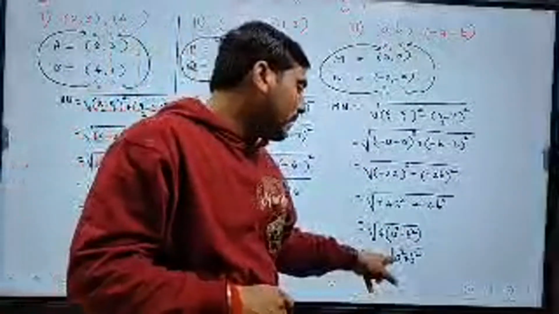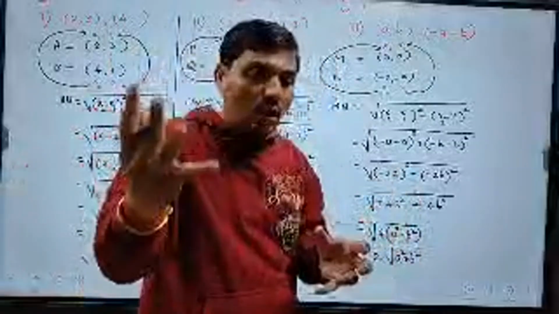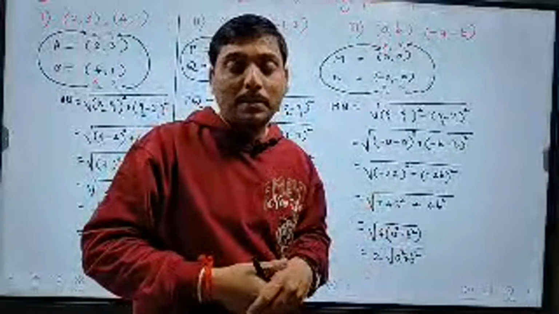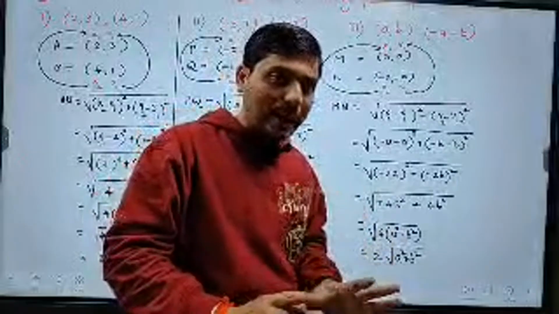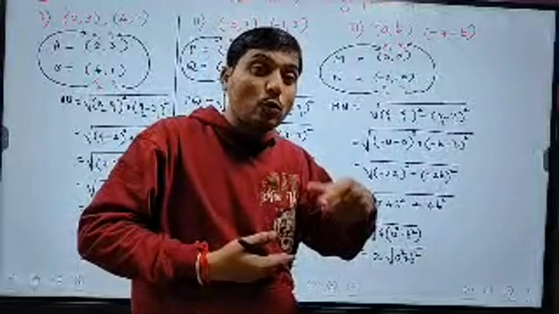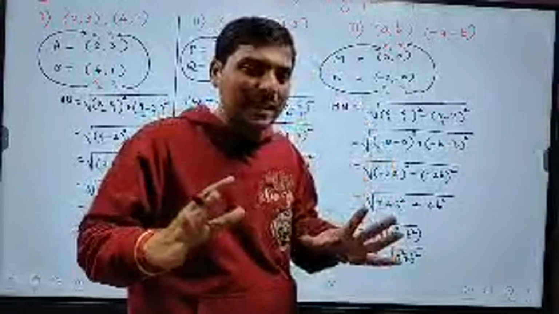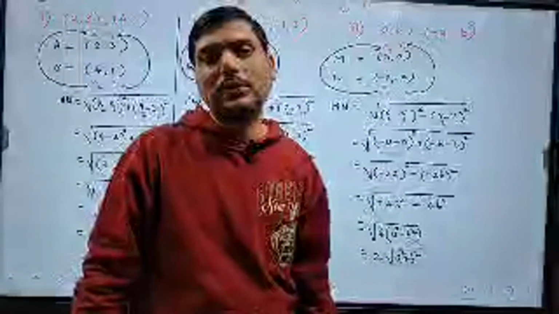For example, the square root of a plus b whole square, you immediately get the 2 and the root cancelled. But here, under the root, a square plus b square are individual terms. Whenever a plus b whole square is there as a whole, the 2 and the root get cancelled. It's clear? Yes. Now our answer is 2 times under root of a square plus b square.